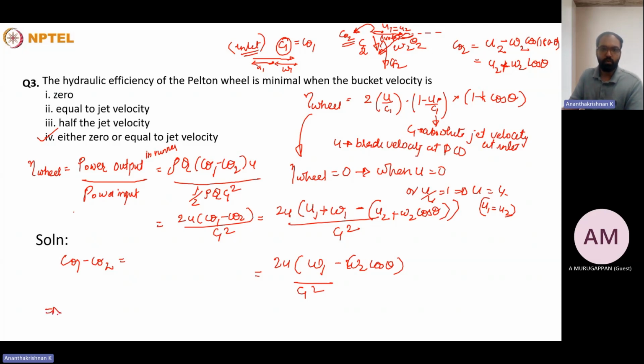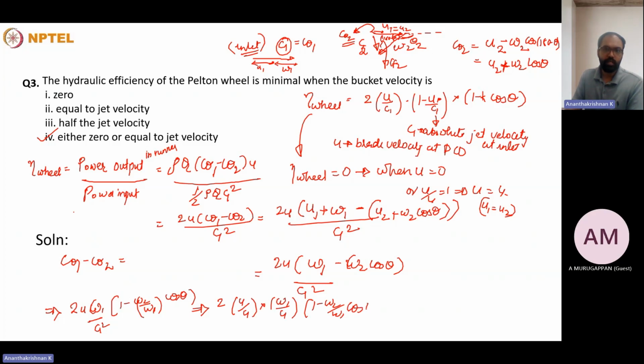So it will come out to be 2U into, taking W1 outside, 2U W1 (1 minus W2 by W1 cos theta) divided by C1 squared. So effectively it becomes 2 into U by C1, multiplied by W1 by C1, into 1 minus W2 by W1 cos theta.